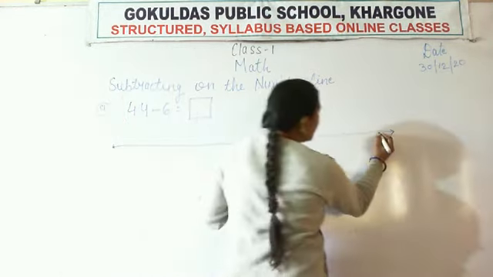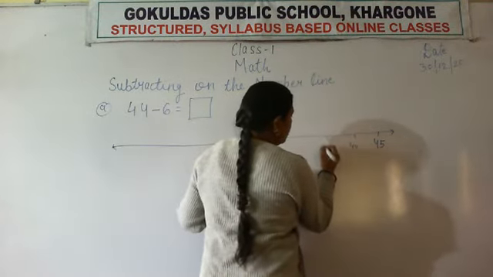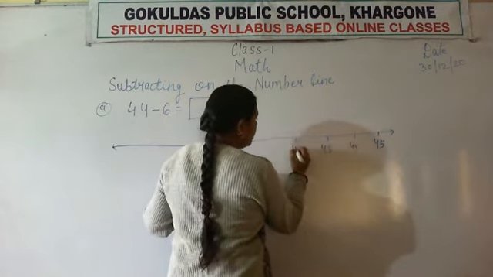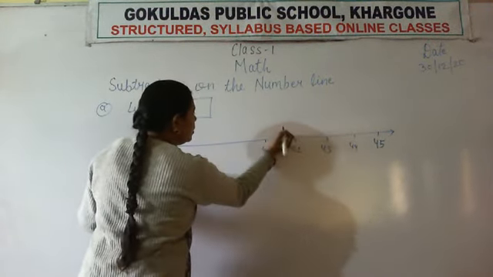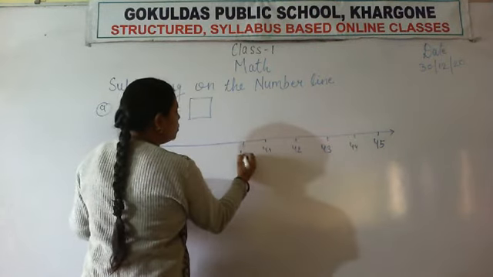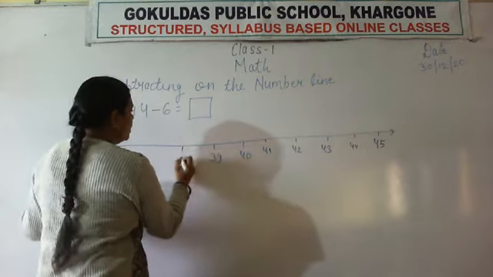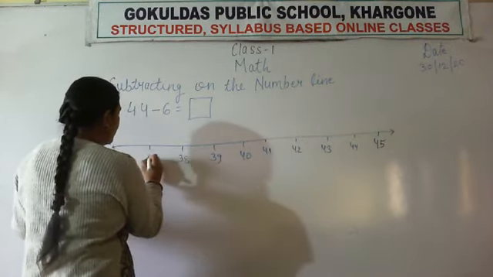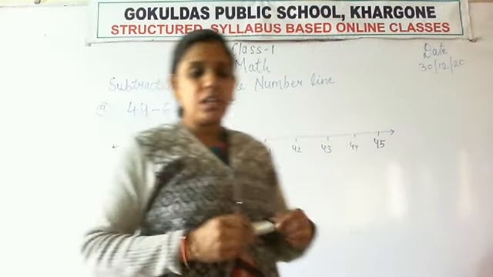So we are going to write the numbers from 45, 44, 43, 42, 41, 40, then 39, then 38, then 37. In this way we will make the number line on subtraction.